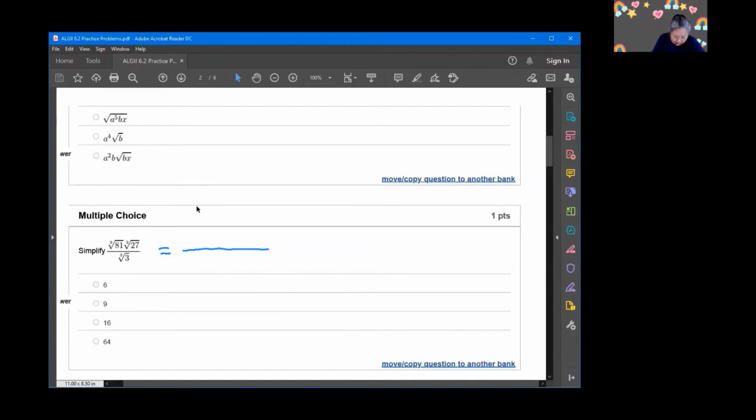Notice 81 is 3 to the power of 4, right? So this is the cube root of 3 to the power of 4. Then this is the same as 3 coming out and then the cube root of 3 inside.